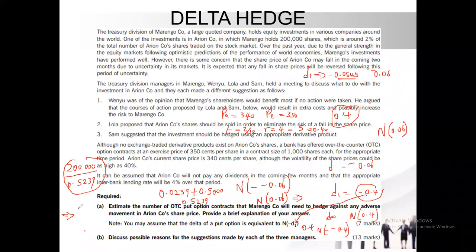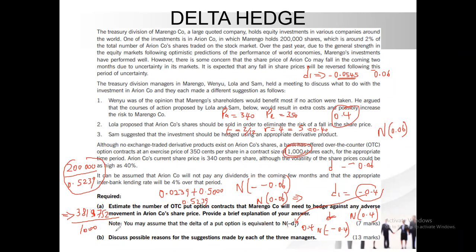$381,752.24. These options are sold in batches of 1,000. So you come here, you divide by 1,000 to find the number of contracts.